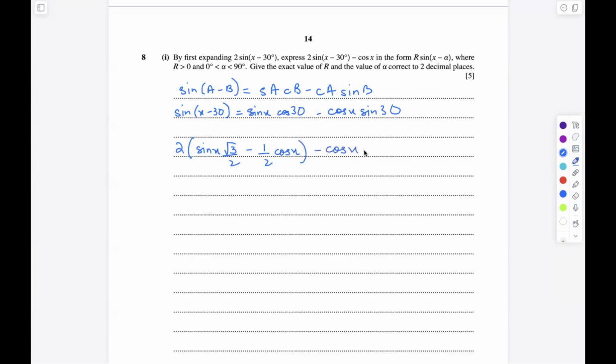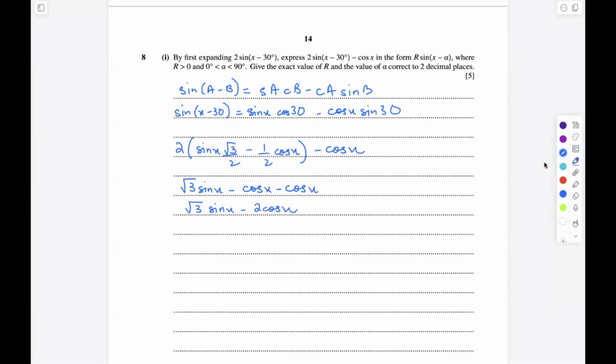So 2 times root 3 upon 2 will become root 3 sine of x. 2 times half will become 1. So this will become minus cos x minus cos x. And simplifying this, we'll get root 3 sine of x minus 2 cos of x.